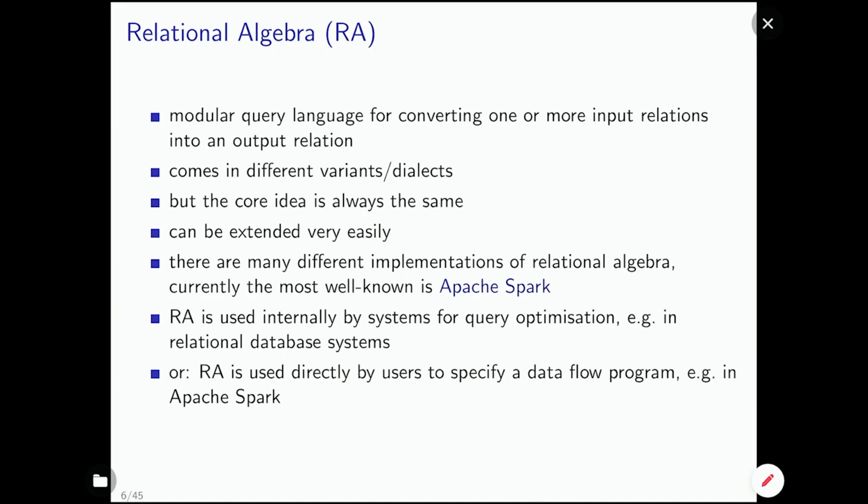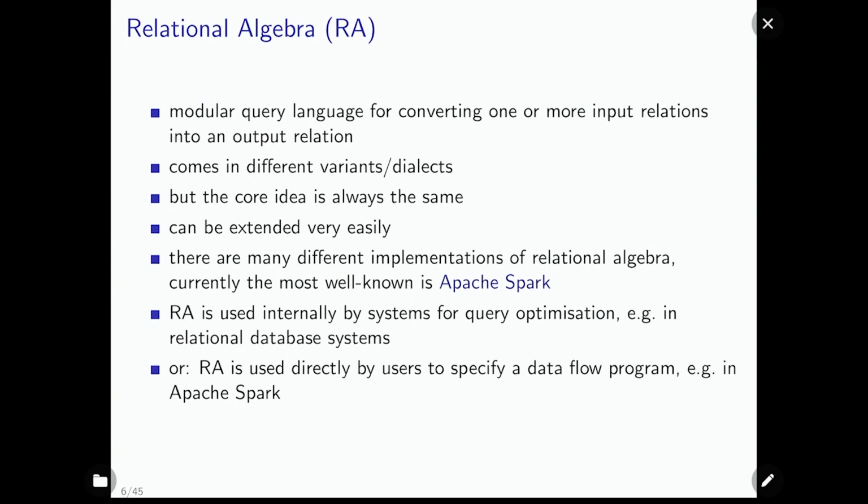In particular, it's used internally by systems for what we call query optimization. We will be looking at that in this lecture in, I don't know, June or something like that. I will give you some ideas on how that works and why relational algebra is important in that space. And it's used directly to write data programs, data flow programs, like in Spark. So it's really something that can be used in a productive environment.